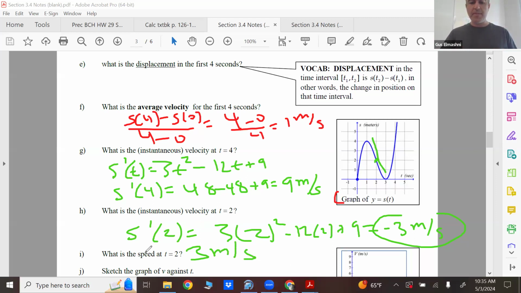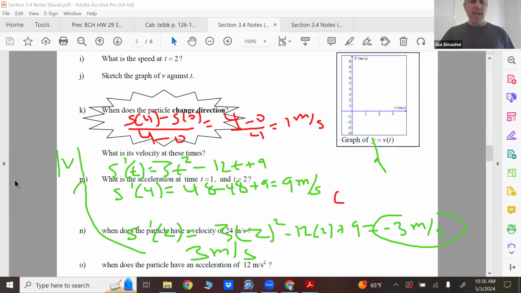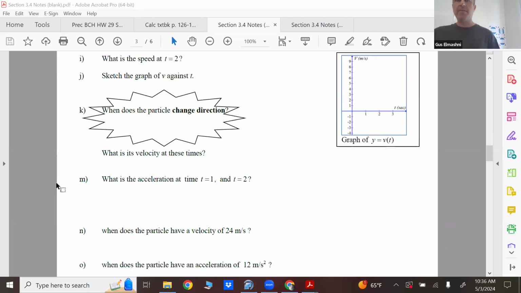Remember, speed is the absolute value of velocity, right? And for those who have taken physics, you guys have seen this, right? This is all okay, cool. So this should be pretty easy for you guys.